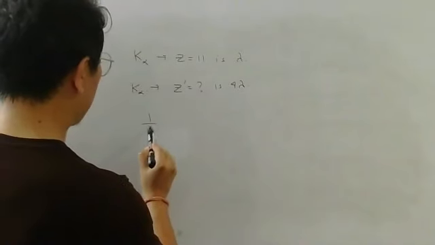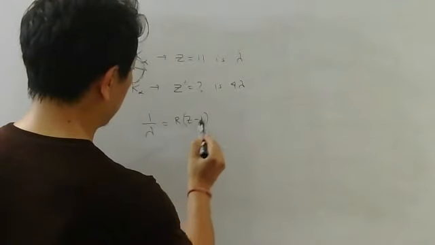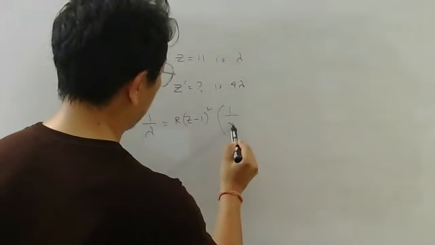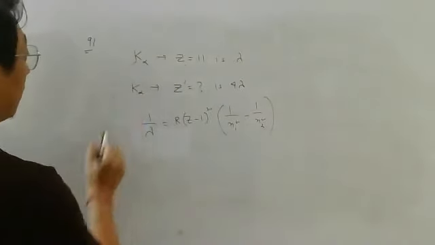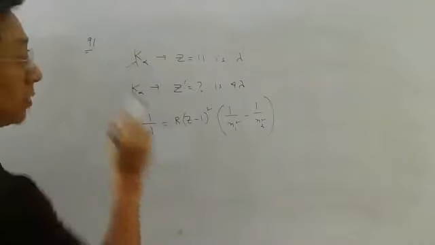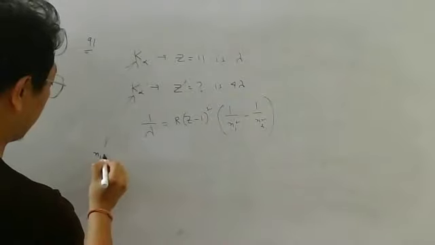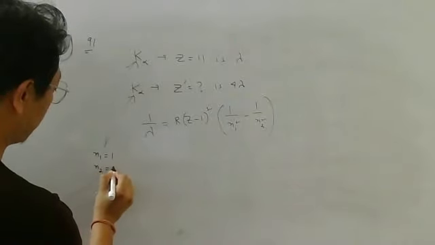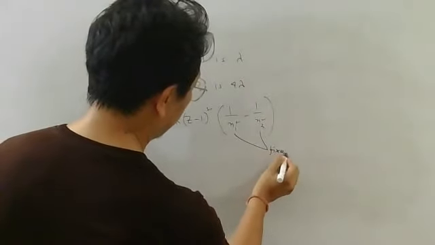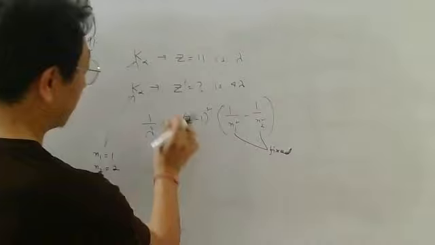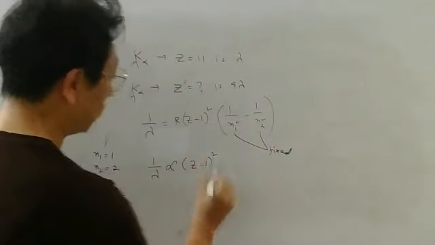So we know the 1 by lambda formula: R times (Z minus 1) whole square times (1 by n1 square minus 1 by n2 square). Now both are K alpha, so you know that n1 will be 1, n2 will be 2. So this is fixed for both cases. R is fixed. That means 1 by lambda will be proportional to (Z minus 1) whole square.